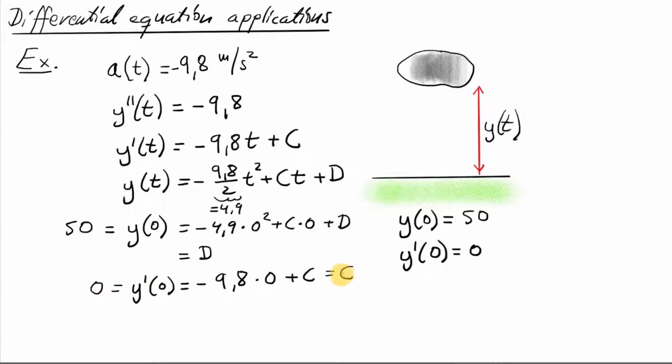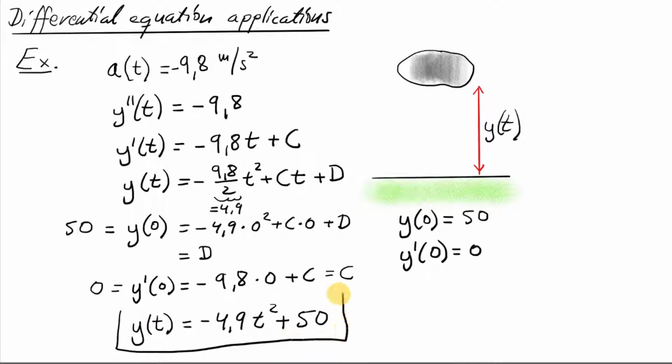So if you use c as 0 and d as 50 in this, you see that the solution to our differential equation, this one, is given by this. So this is the height of the object above the ground falling freely if you drop it from a height of 50 meters and with 0 velocity.